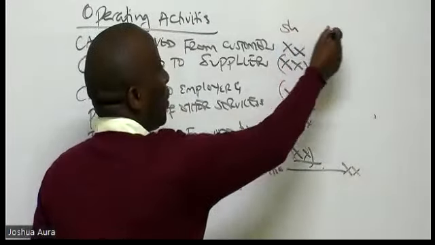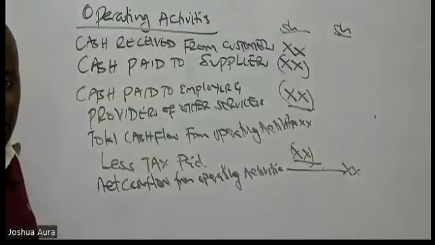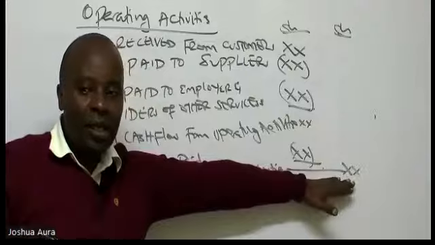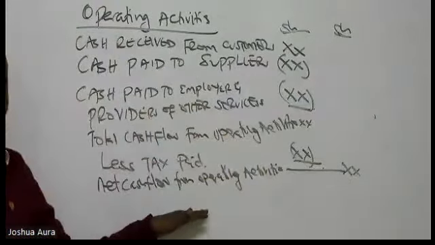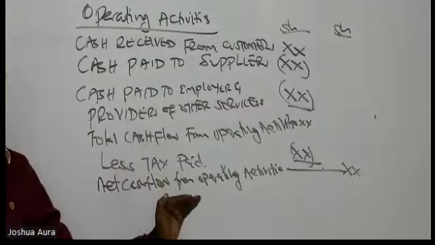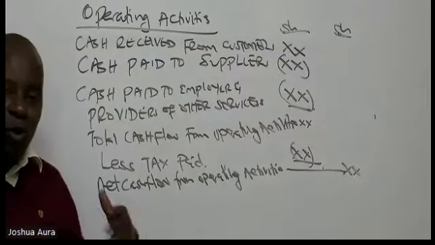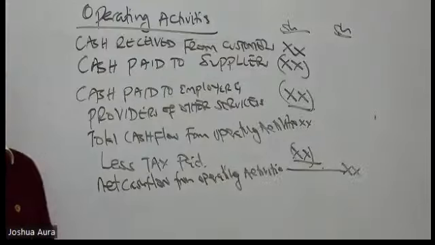Remember, here we have shillings. So the net cash flow from operating activities, we shall take here. And after we get this, we shall go to this other format, which will be exactly a replica of what we did in the indirect method.